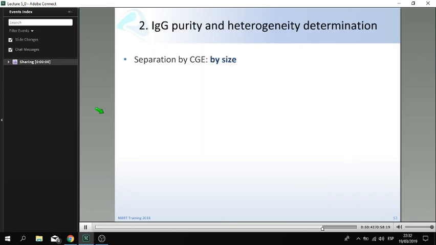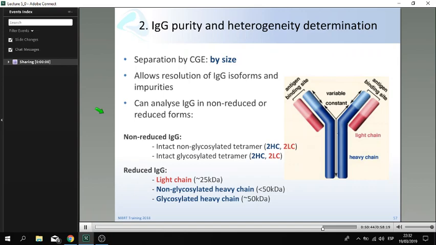Then for purity and heterogeneity determination, this allows you to resolve IgG isoforms and impurities, and you can analyze it in non-reduced and reduced forms. Remember, if we have non-reduced IgG, so we didn't break disulfide bonds between heavy chains and light chains, what we are expecting to see is your intact tetramer, your intact antibody.